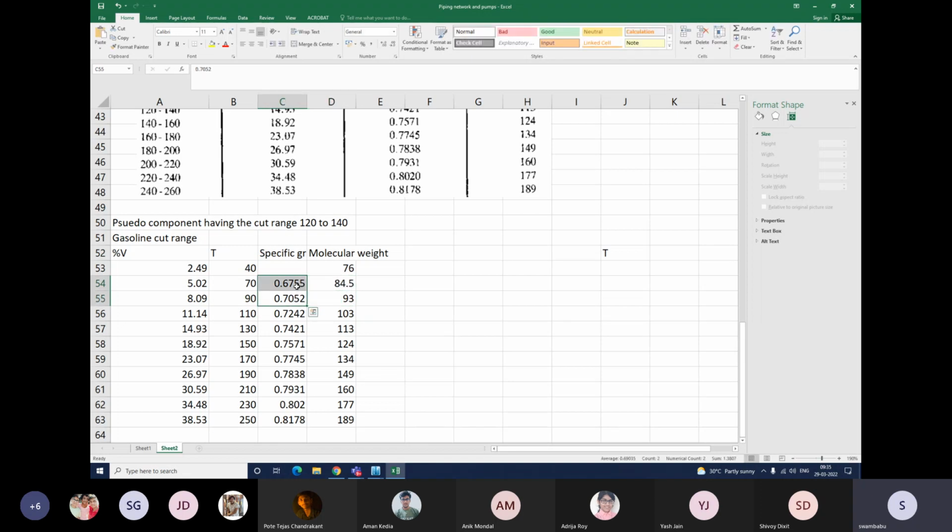Here is the difference between these two. I just completed the data set.